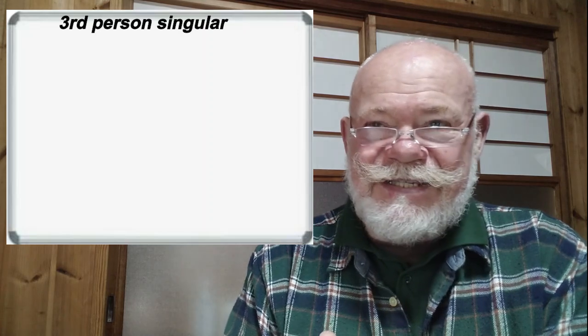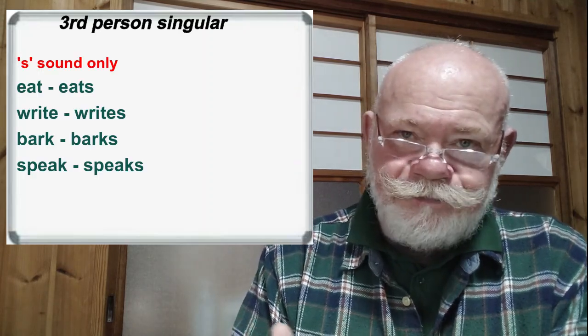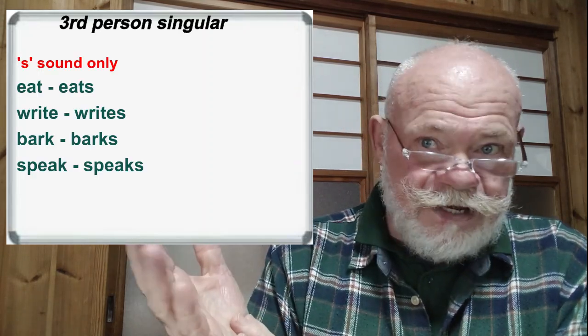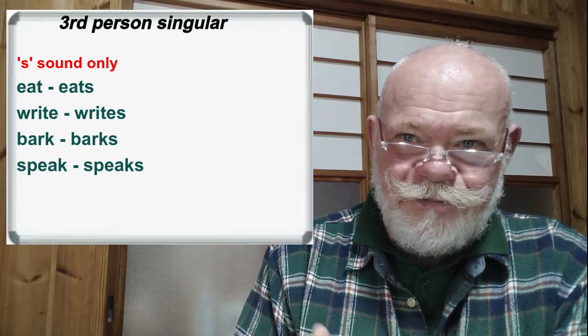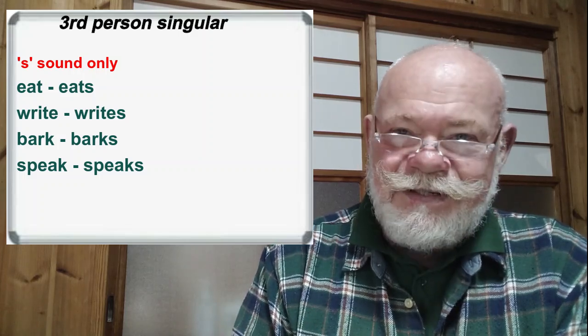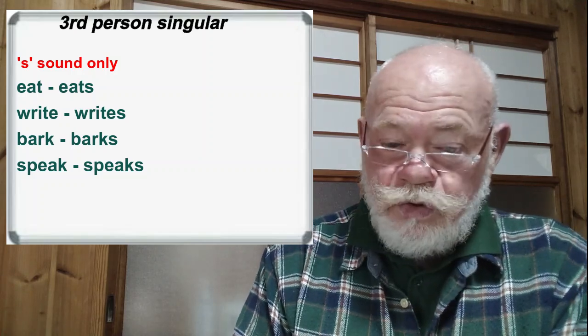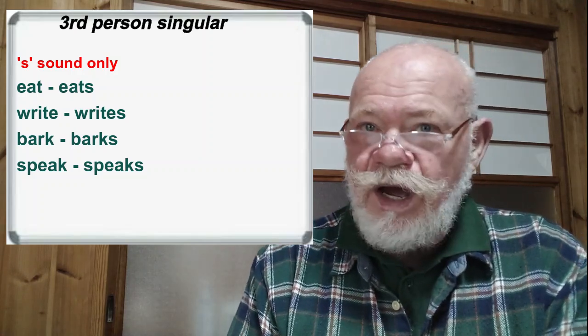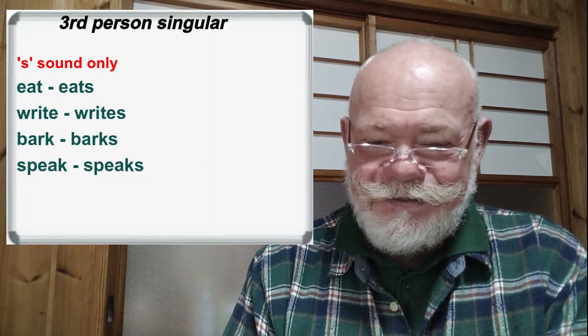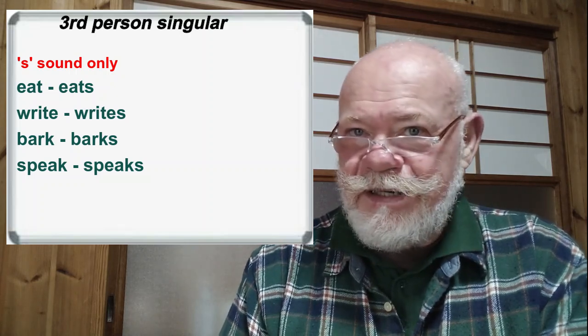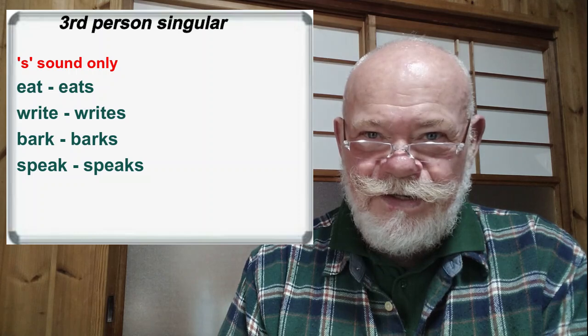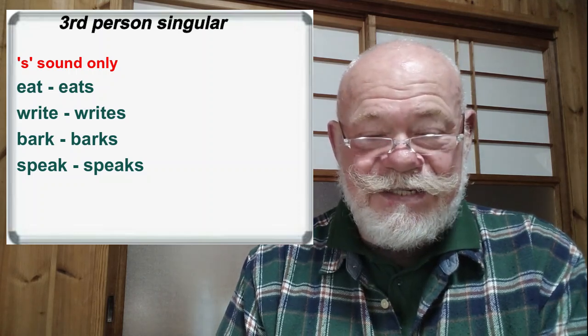So let's look at a few charts with some of these words on them. First, with the S sound only, look at the chart here. I'll just say them and you can review them with me. Eat, eats. Write, writes. Bark, barks. Speak, speaks. You see, you have a very clear S sound on those.